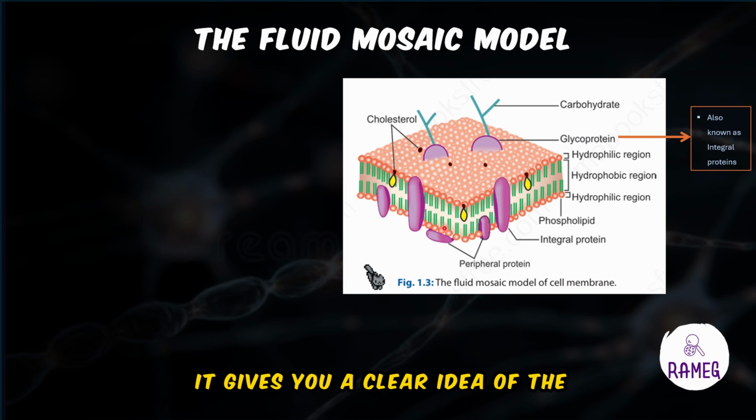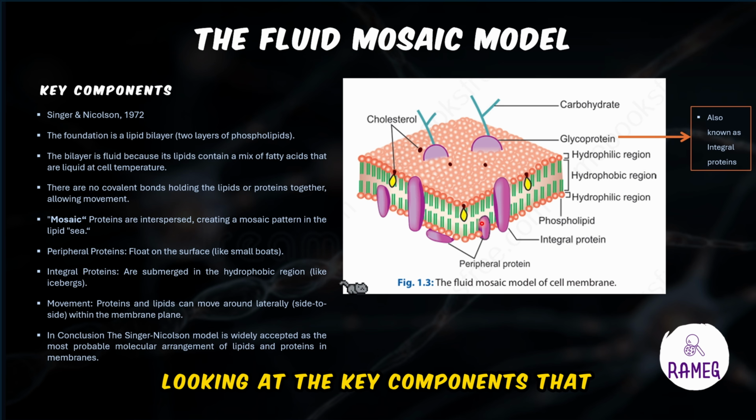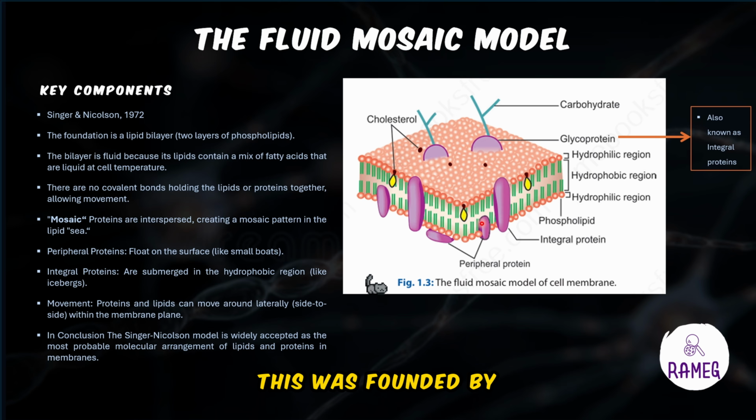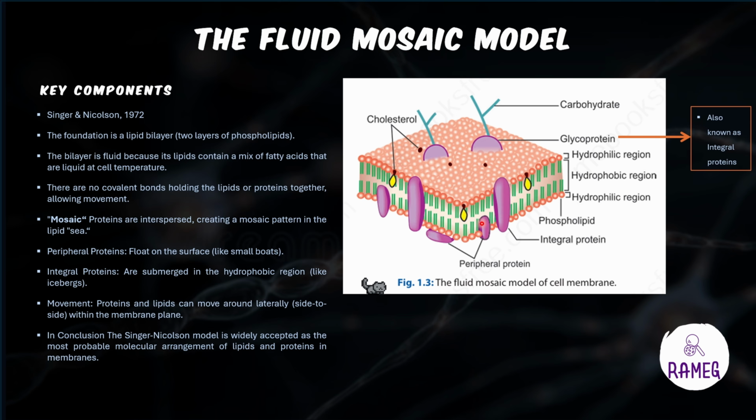It gives you a clear idea of the entire cell structure and how the plasma membrane is supposed to be. Looking at the key components, this was founded by Singer and Nicolson in 1972. And this is basically the foundation of the entire membrane.